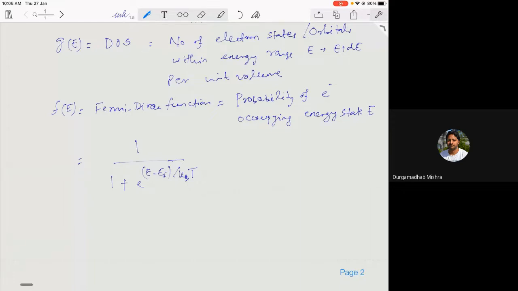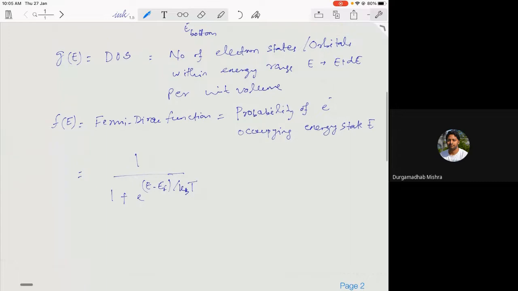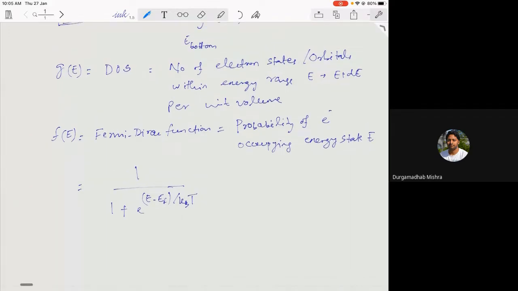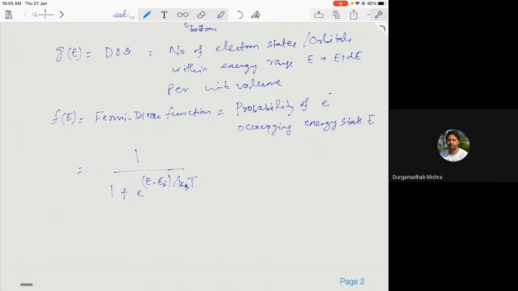So if this difference is much greater than kBT, this Fermi-Dirac distribution becomes similar to a Boltzmann distribution.